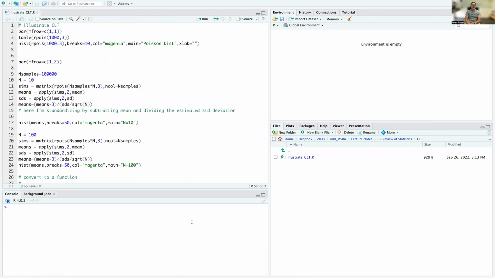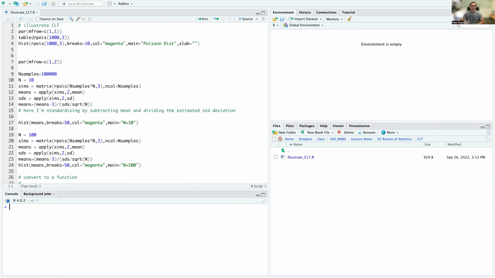The Poisson distribution is what's called a discrete distribution. It is only on positive numbers, or non-negative numbers, I should say. So let's draw 1,000 Poisson draws.